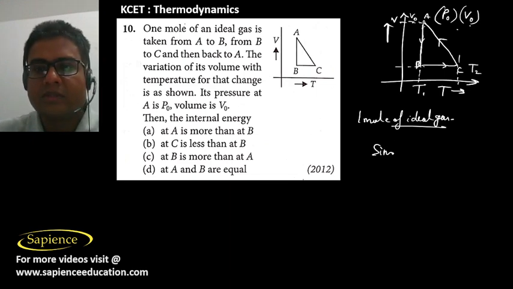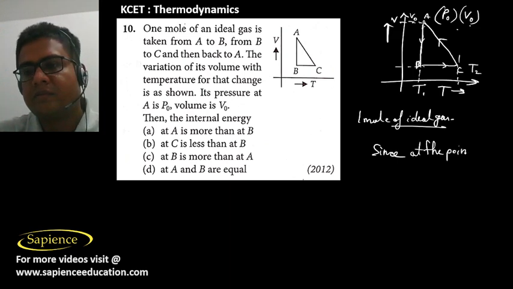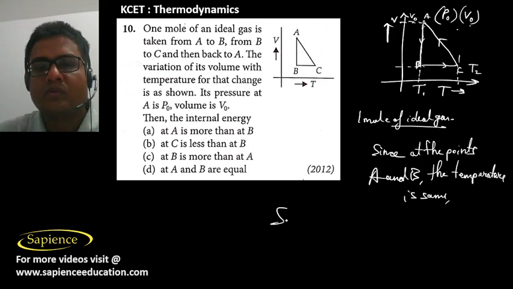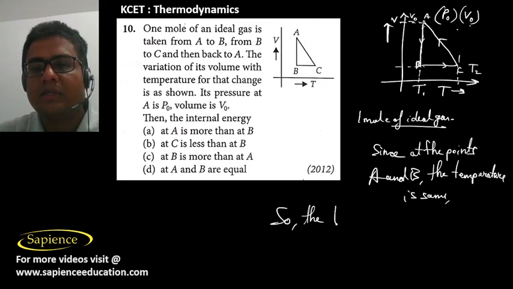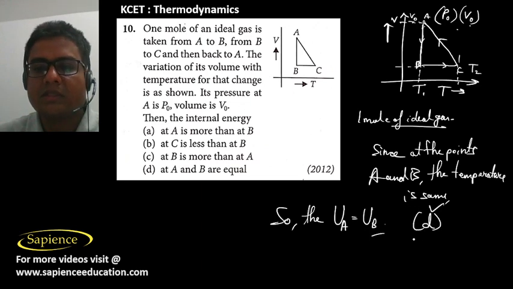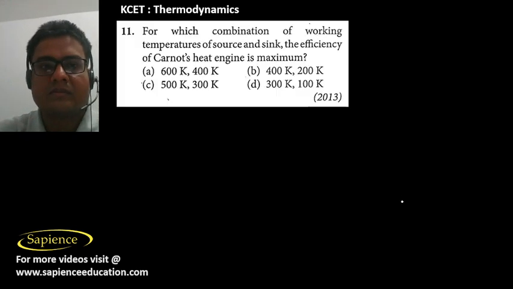Since at the points A and B the absolute temperature is the same, the internal energy at the point A is equal to the internal energy at the point B. So at points A and B, internal energies are equal. So option D is the correct answer.